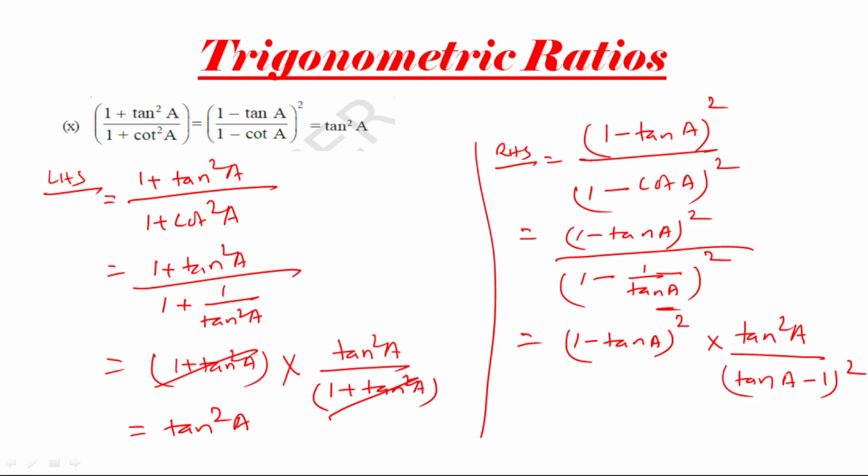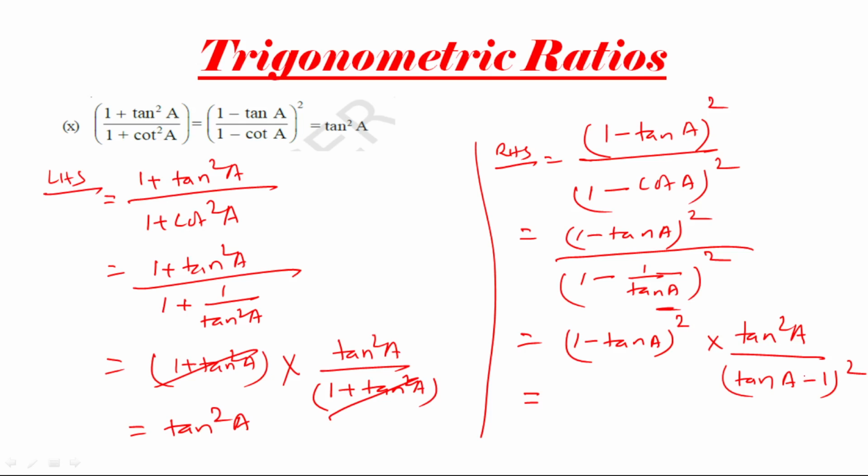Because that is a square, it will not create any problem, right? Whether it is tan A minus 1 square or 1 minus tan A square, there will not be any problem. So there is no difference between 1 minus tan A and tan A minus 1.